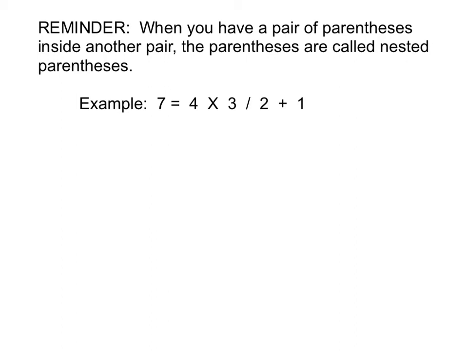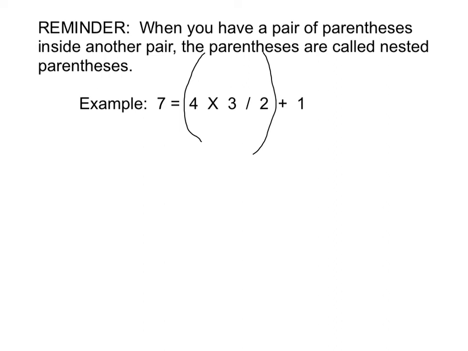7 is equal to 4 times 3 divided by 2 plus 1. Now the parentheses that you should have, first off, you should have one set around 4 times 3 divided by 2.